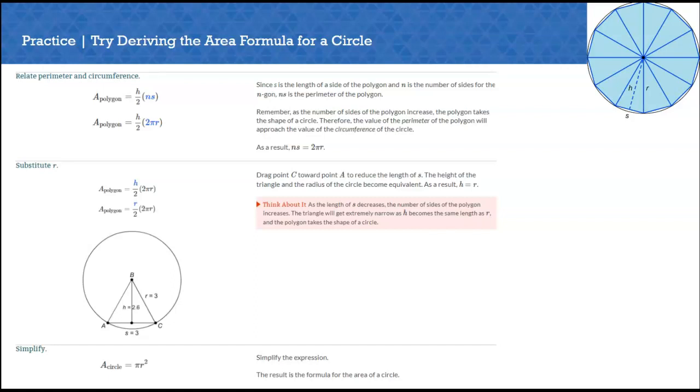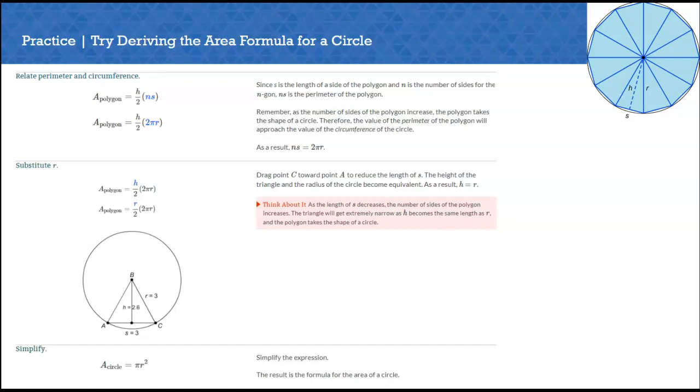Since S is the length of a side of the polygon and N is the number of sides for whichever polygon we're talking about, we call that the n-gon. N times S is the perimeter of the polygon. Remember, as the number of sides of the polygon increases, the polygon takes the shape of a circle.